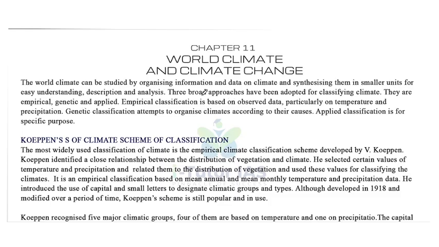So there are three broad approaches which have been adopted for classifying climate: the empirical approach, the genetic approach, and the applied approach. Now, empirical classification is based on observed data, particularly on temperature and precipitation.